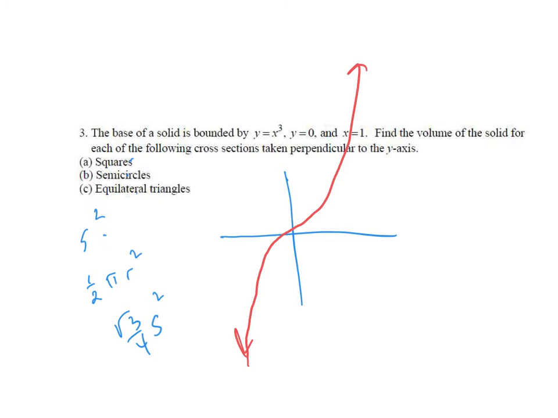Well, that's easy. Y equals 0 is this line here. And x equals 1. Is that what it says? So here's the region. Let me do shading. It's this pretty region here.